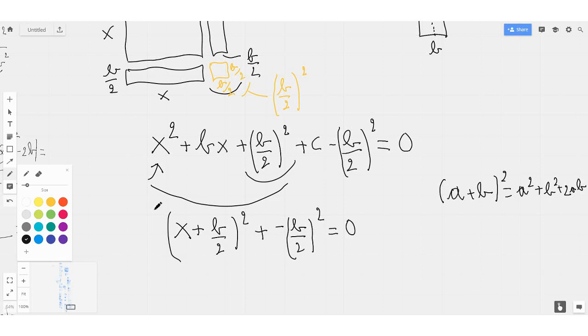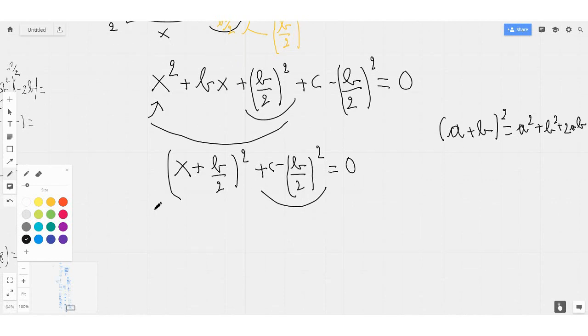So at this point we have this part is constant, so we can bring it to the other side. So we have x plus b over 2 squared is equal to b over 2 squared minus c.